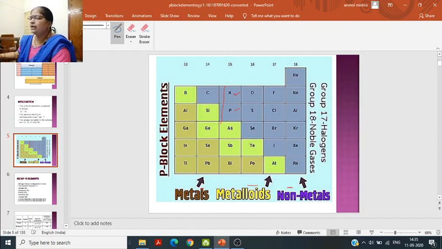So the first two elements, nitrogen and phosphorus, are non-metals. Arsenic and antimony are metalloids. And the last one, bismuth, is a metal.